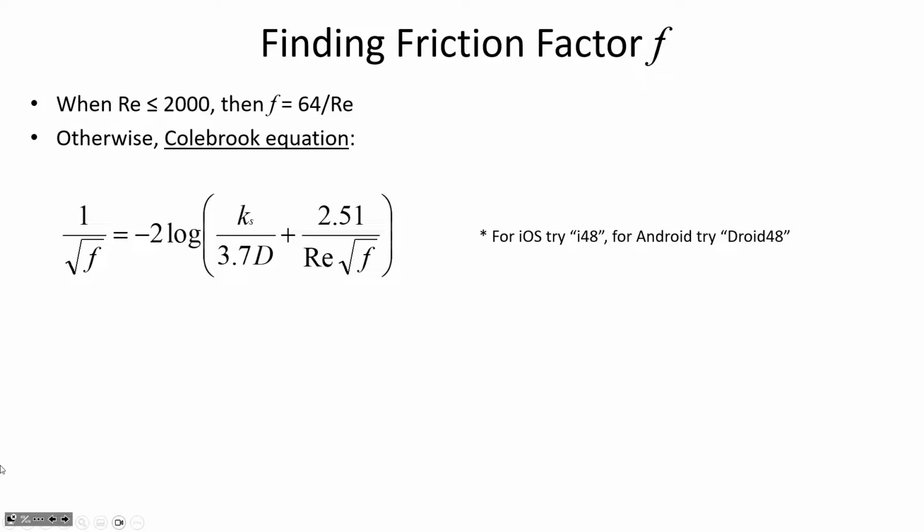In rare circumstances, we can use this expression that the friction factor is 64 divided by the Reynolds number, but that's only when conditions are laminar, and they usually won't be. The only times that conditions are laminar is maybe in the middle of the night when most of the town is asleep and one person is opening up the faucet and getting a drink of water.